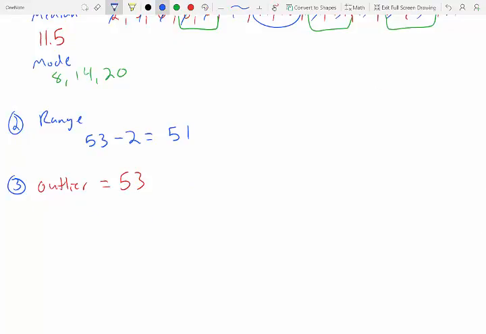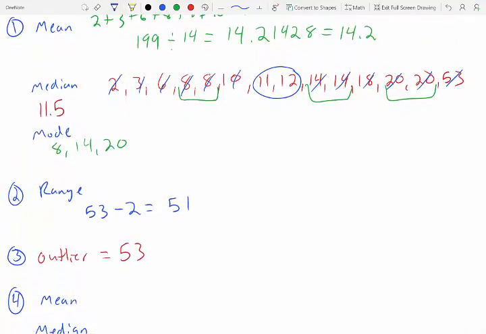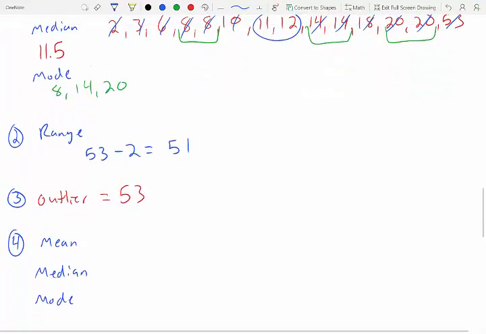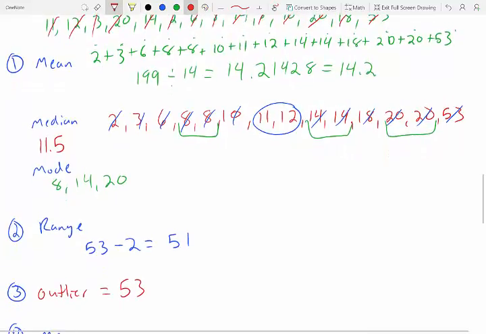So if we go down to number 4 now, we have to say which measure of central tendency best describes the data set. So measures of central tendency are mean, median, and mode, not the range, not the outlier. So if I look, we had three modes. So that really wouldn't help me with that. If I look up my mean, I have 14.22.